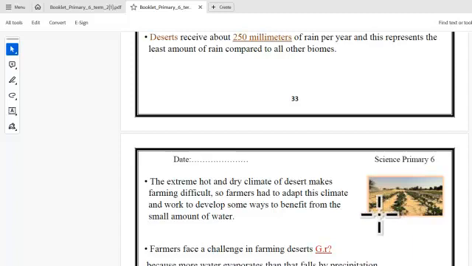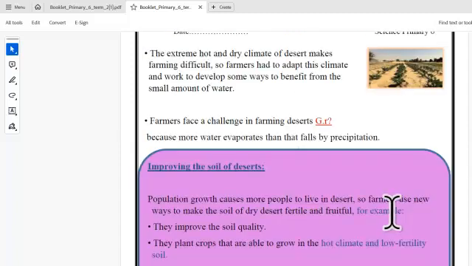Give reason: because more water evaporates than falls by precipitation. Improving the soil of deserts: population growth causes more people to live in deserts, so farmers use new ways to make the soil of dry deserts fertile.